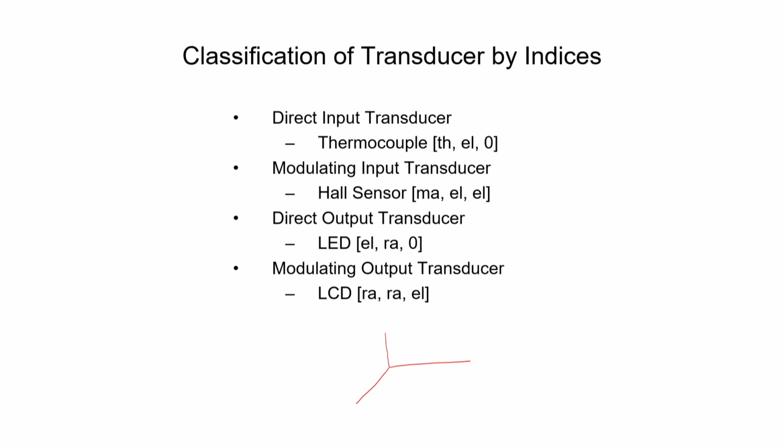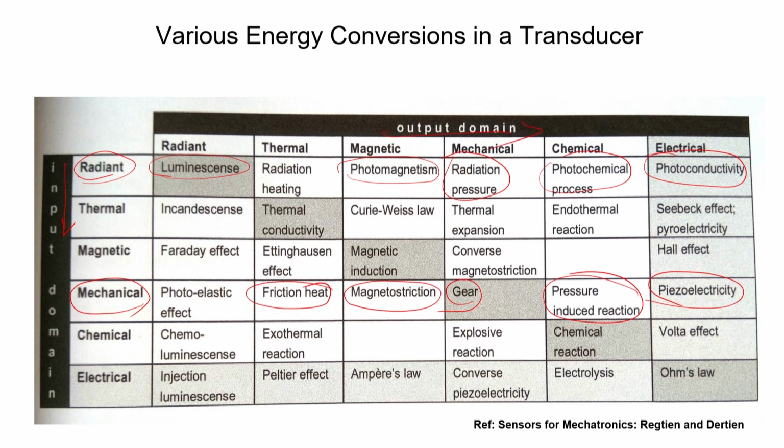Now, here we have used certain abbreviations. For example, this is TH and EL or MA and EL. And the more common description is if it is a 3-port system. So for these TH, EL and MA and all these things you have to go back and see it here.